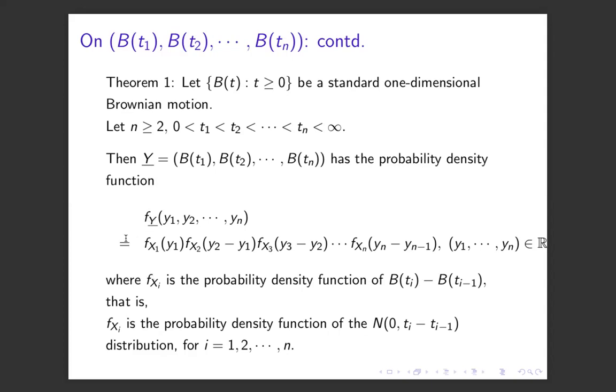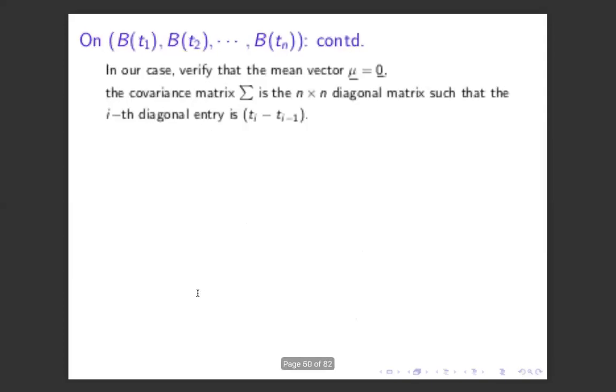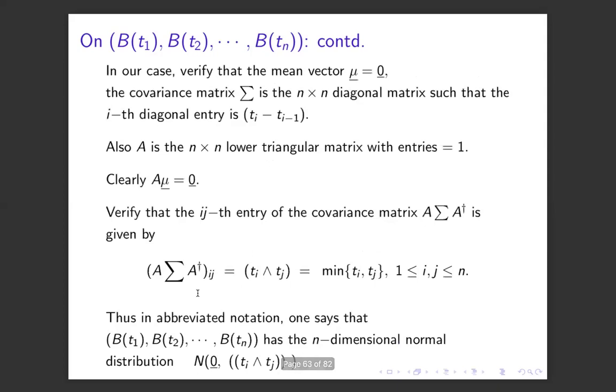So we have given an expression of this n-dimensional probability density function in terms of these one-dimensional probability density functions. Of course, we had also said something more, that the exact distribution of this can be expressed. This is an n-dimensional normal distribution.